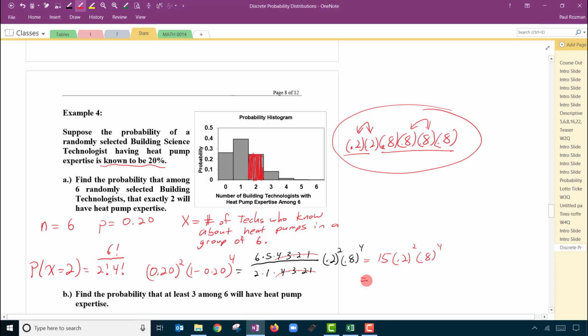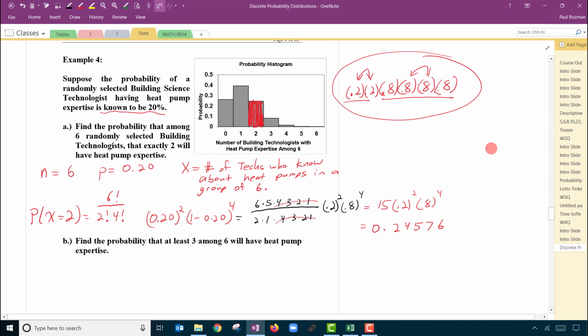Doing the calculation there, we get 0.24576. So these aren't too bad to do. I think you'll enjoy these.